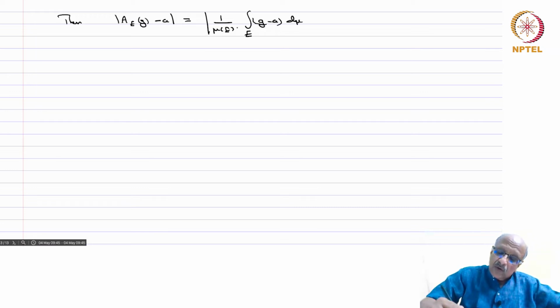A is a constant, so if I integrate over E, I will just get mu of E times A divided by mu of E, it will give you A again. So this I can write like this.